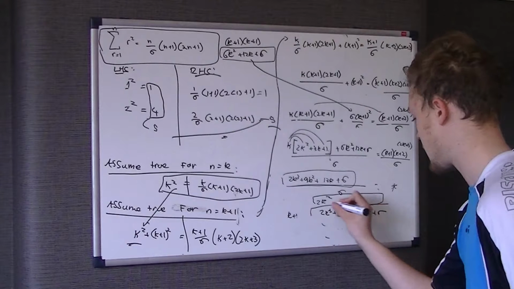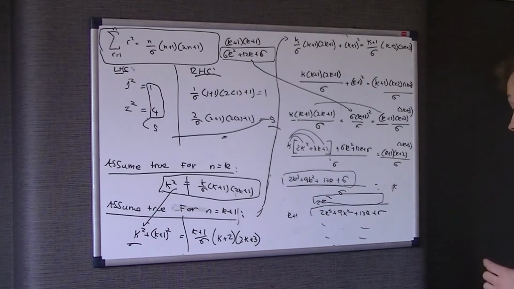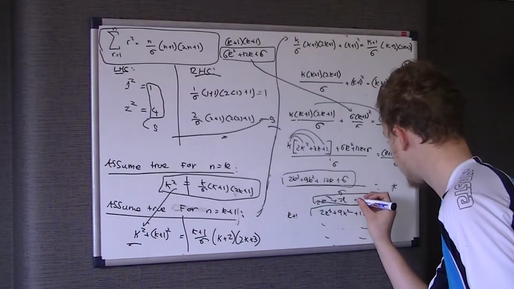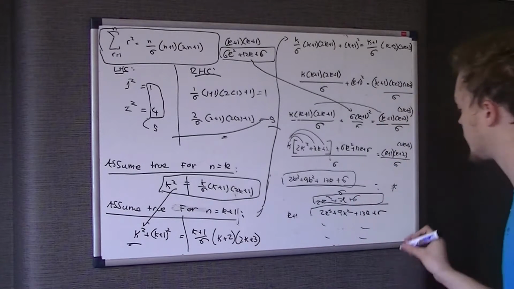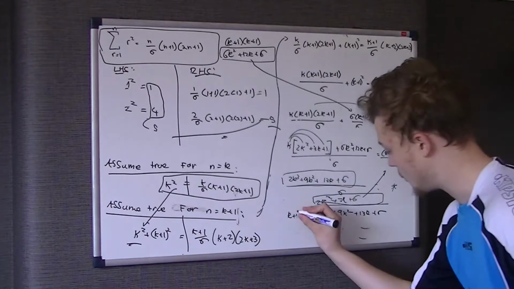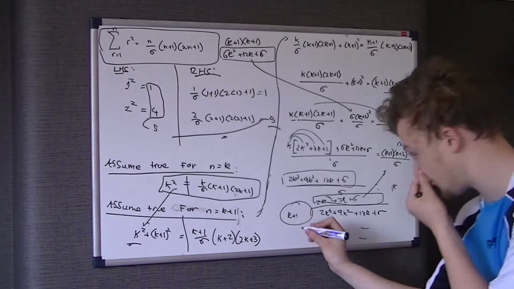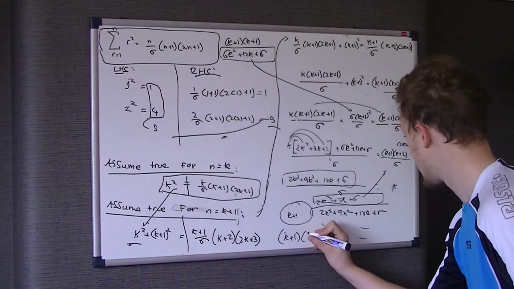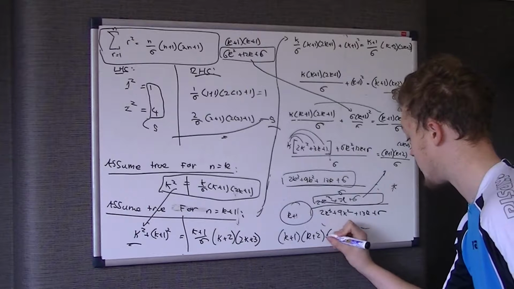So we get a quadratic, alright, so it'd be 2k squared plus 4k plus 3k, which is obviously 2k squared plus 7k plus 6, okay, which obviously factorises to k plus 2, 2k plus 3, and we know k plus 1 is a factor, so therefore the factors of this are k plus 1, k plus 2 and 2k plus 3.